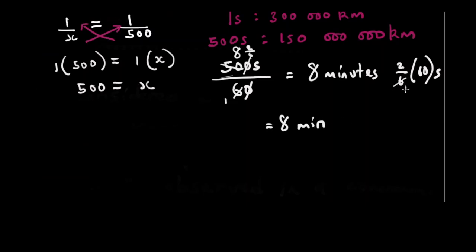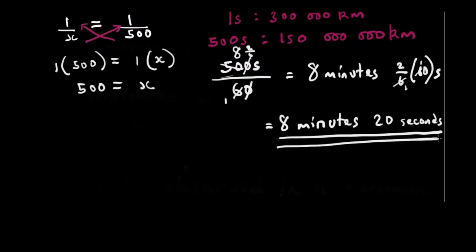Then 6 into 6, that is 1. 6 into 6, it's 1. 10 times 2, it's 20. So light requires 8 minutes, 20 seconds to travel from the sun to the earth. So if you were traveling at the speed of light and you wanted to go to the sun, your journey will take 8 minutes, 20 seconds.